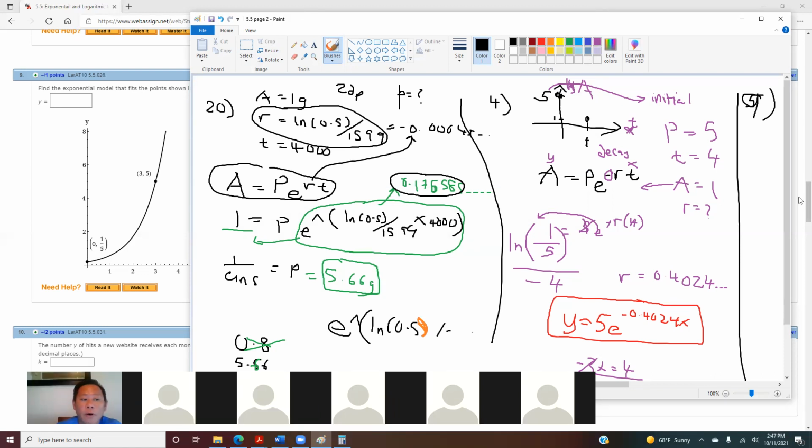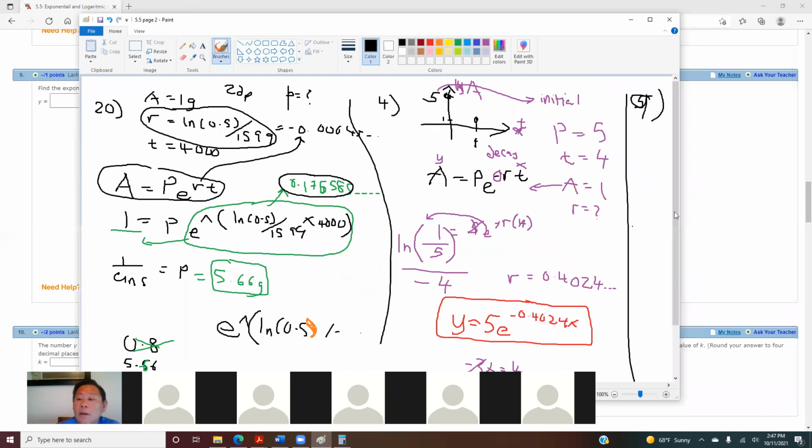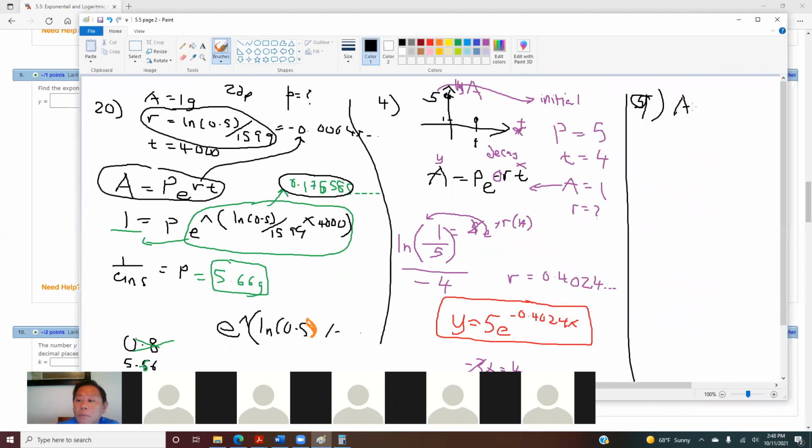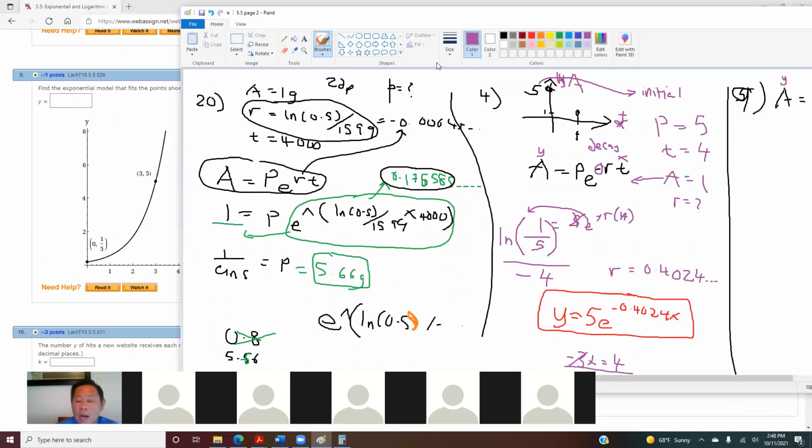Is that growth or decay for number 9 here? Growth. It's growth, so we're going to use this. And don't forget that A is always Y and T is always X. So go ahead and try to do number 9 here.